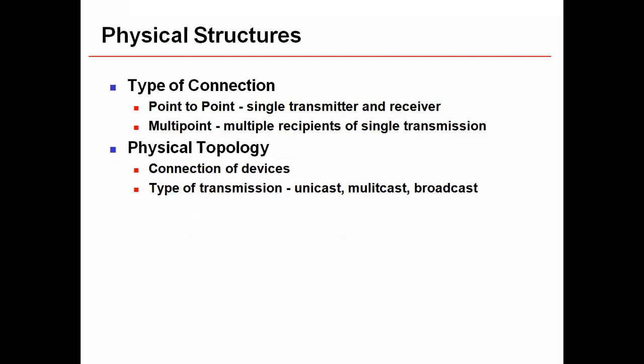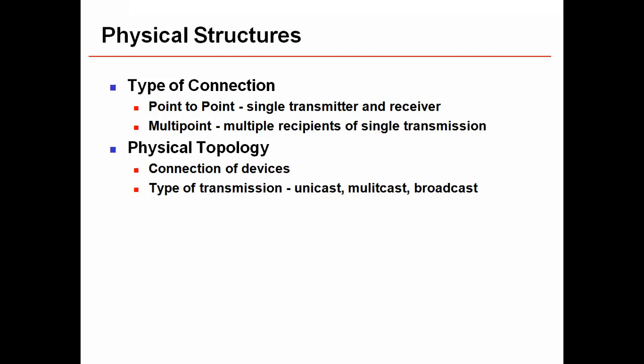Next one, physical structure. How the structure will be, how we can connect systems and form a network. Initially we had only one system which we used to connect to the internet. But in a big office or a college, we have many systems, and all of them should have a connection to the internet.